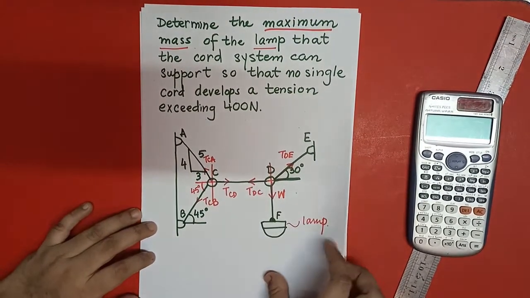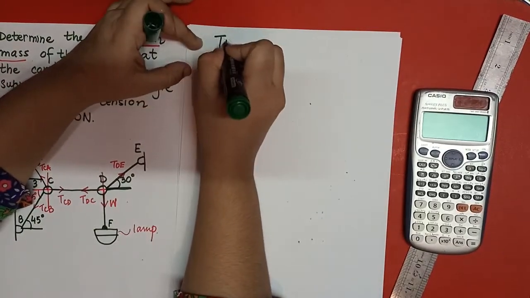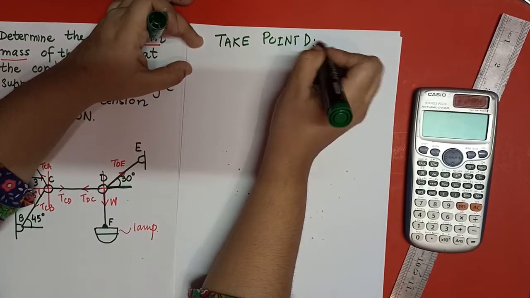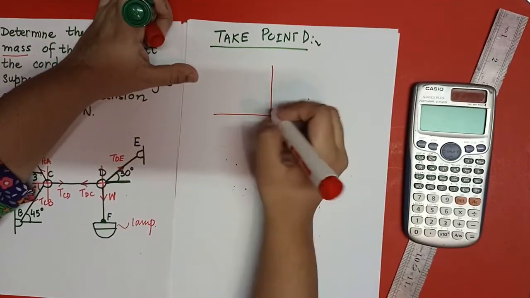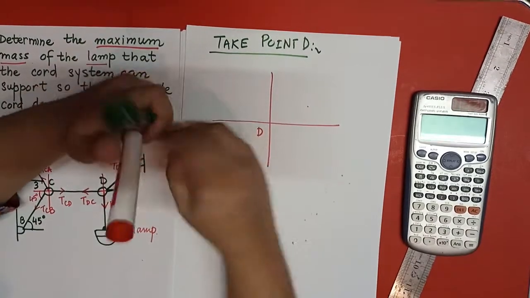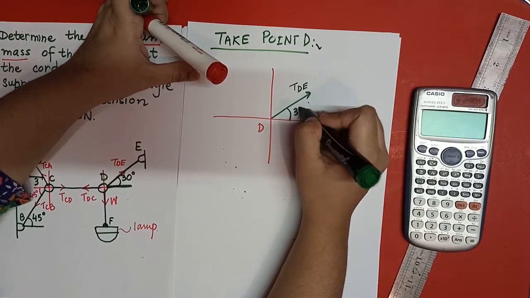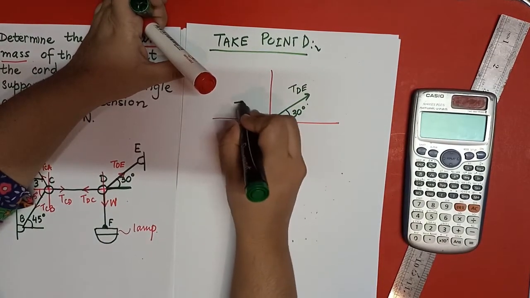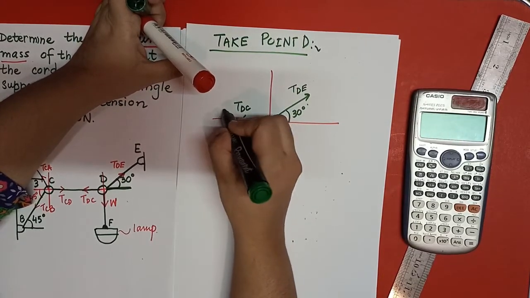So we have to take point D first. How can I do this? I am going to draw the free body diagram at point D. There is one tension acting here in the first quadrant, that is TDE, making an angle of 30 degrees with respect to the positive x-axis, and this is TDC, directed towards the negative x-axis because it lies exactly on the negative x-axis, so it should be negative.